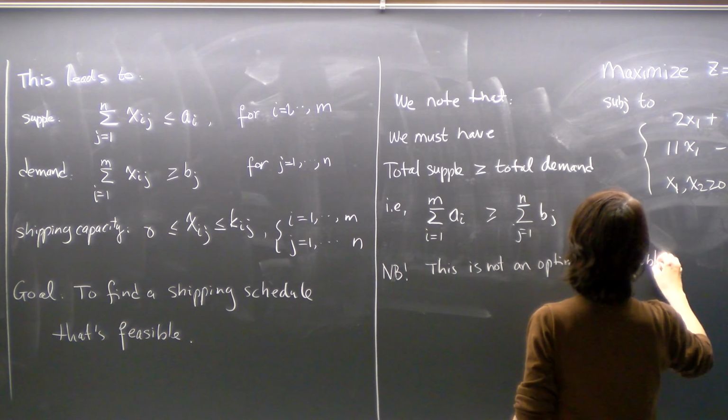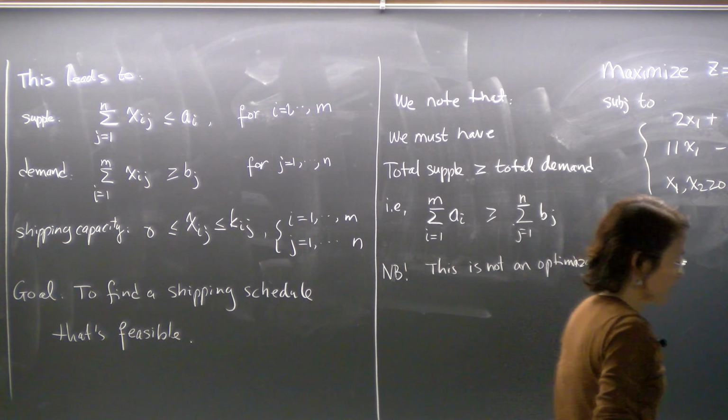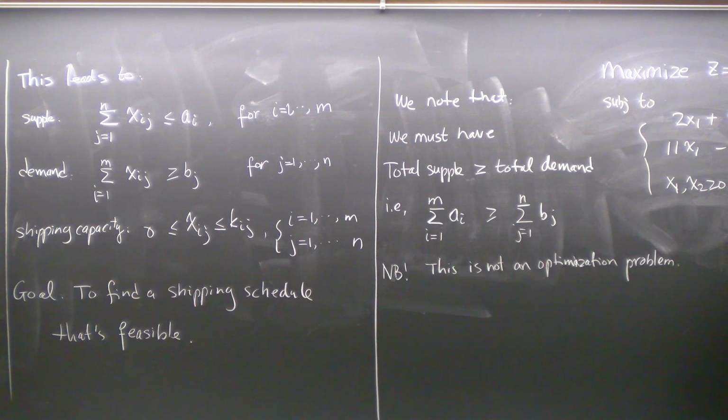We are just trying to find a feasible solution to all the constraints. That's what we're trying to do. Because the constraints are so huge, finding one feasible schedule becomes already non-trivial. All right, and you need to start from there, then you can talk about optimizing over the set of feasible solutions. Is that clear?